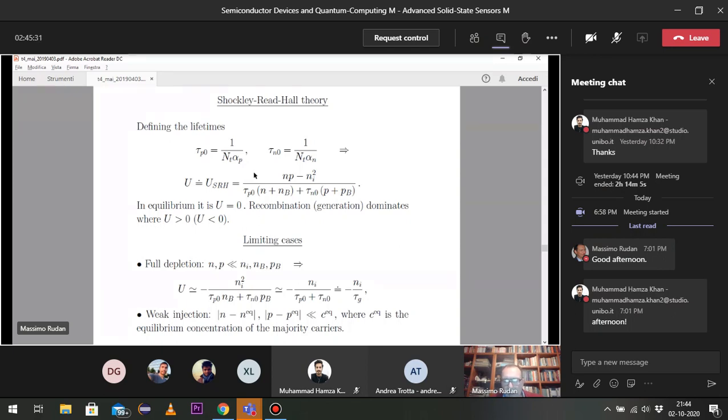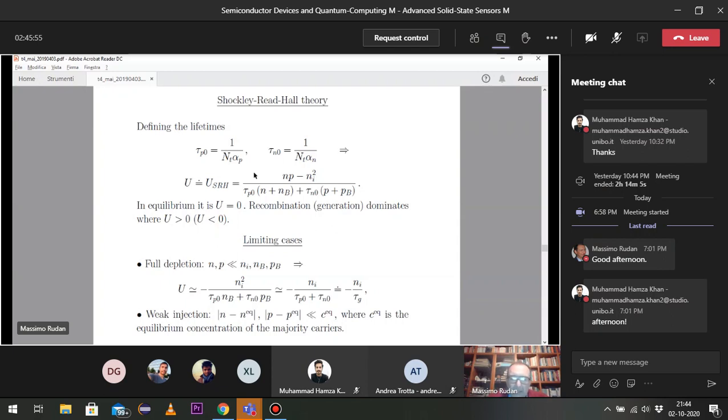On the other hand, it is non-linear, of course, with respect to N and P, okay? When we solve numerically the semiconductor equation, we just provide this expression to the computer and that's it, okay?